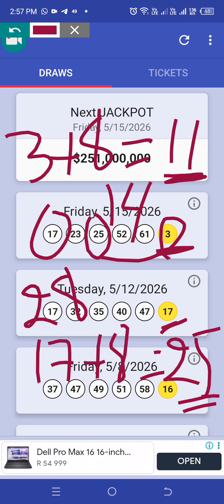So the numbers that we suspect, the hot singles that we should start with, are 11, 14, 28. In case they want to repeat, they can repeat 25 or 17. 11, 14, and 28 are the numbers that we start with today.